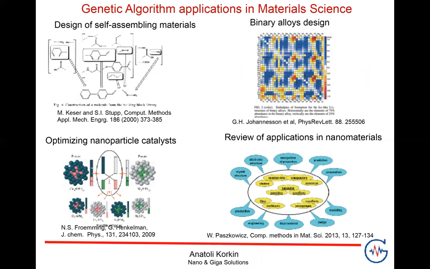Here there is a reference to this paper, and you can look in my presentation to see this reference, if you want to see exactly this sample. One of the examples includes design of self-assembling materials, binary alloys, optimizing nanoparticle catalysis, and there is also a good review on application of genetic algorithms in computational chemistry. It was published in Computational Methods in Materials Science in 2013.